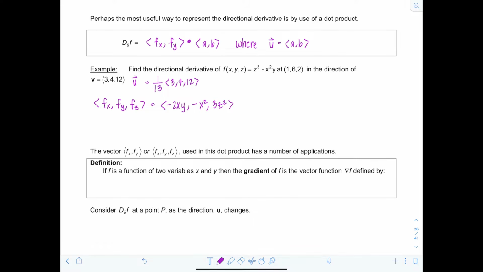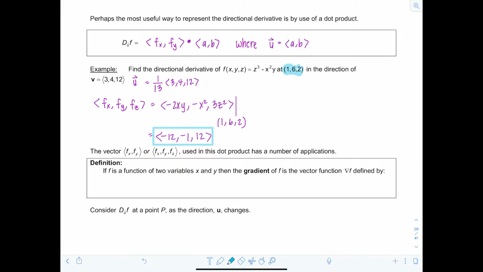Now I evaluate this at the point P, which is (1, 6, 2). I get negative 12, negative 1, and then 3 times 2 squared, 3 times 4, 12. All right, so there's my vector. Let's save that.